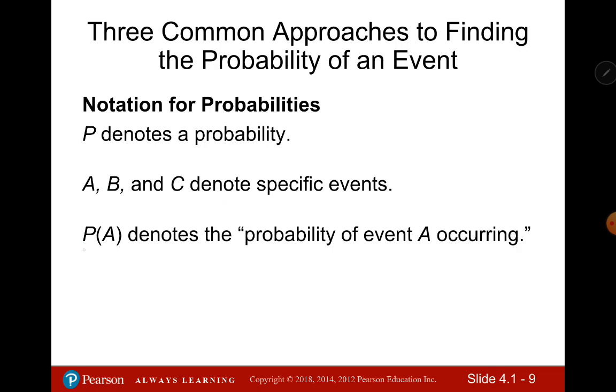So P(A) is just the probability of event A. We use this P(A) with A in the parentheses, and it means the probability of event A. So make sure you use the capital letter P and the capital letters A, B, C, something like that.